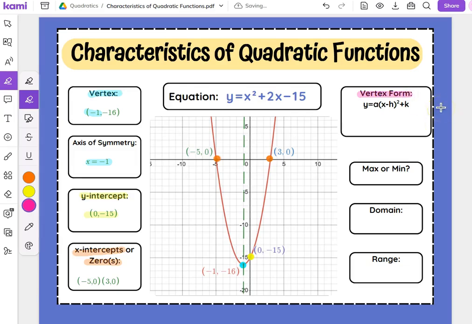Well, just like the name says, the vertex form already tells us what it's going to look like. It's going to have the vertex in it. Well, the vertex are the coordinates right here at h and k. So these two coordinates right down here are our h and k.